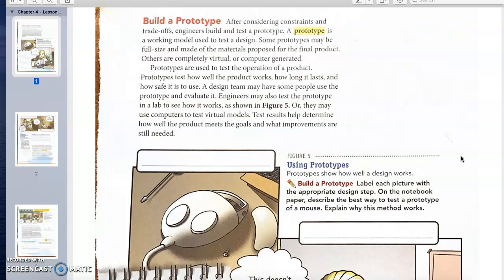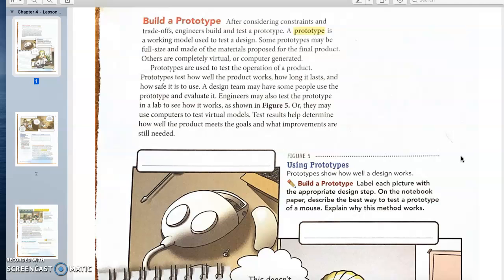So, some things I would underline in paragraph 1 are, after considering constraints and trade-offs, engineers build and test a prototype. I would also circle the word prototype and underline that it's a working model used to test a design. In the second paragraph, I would underline that prototypes are used to test the operation of a product.